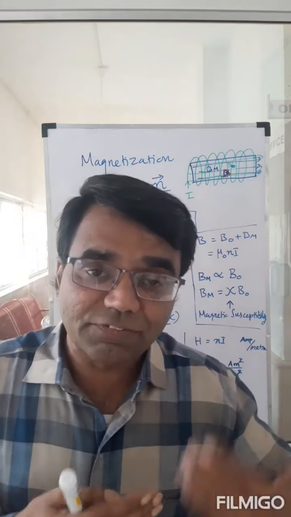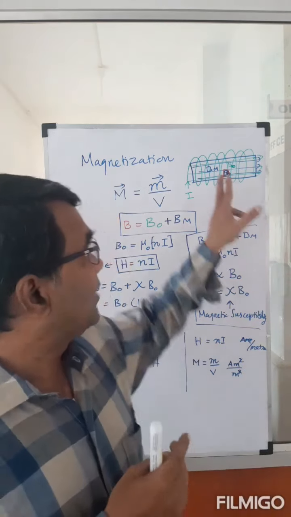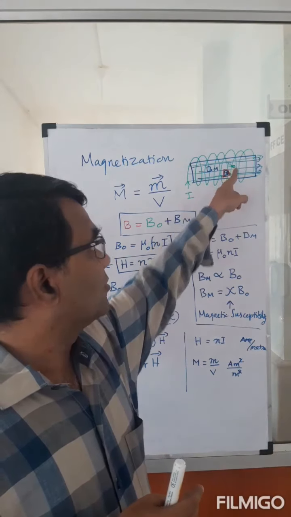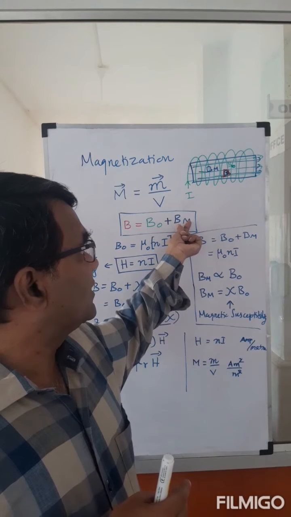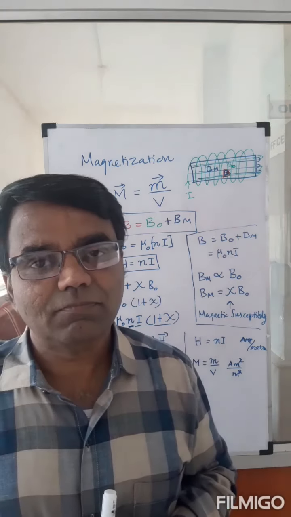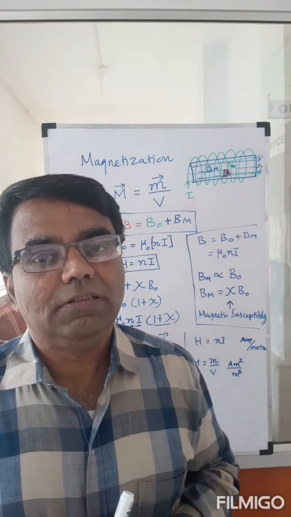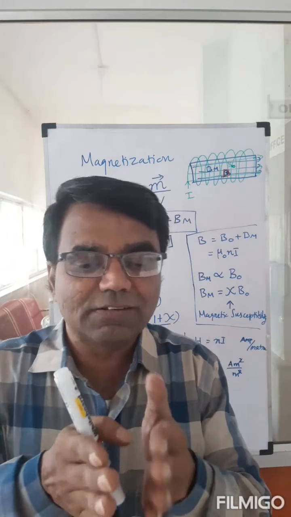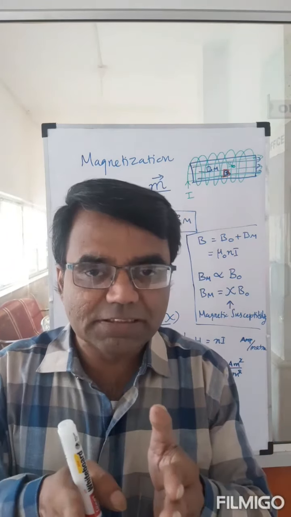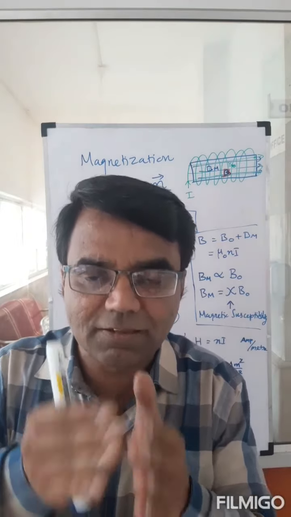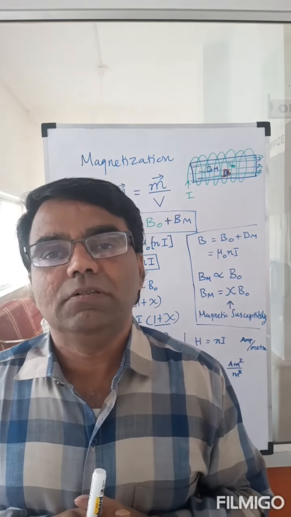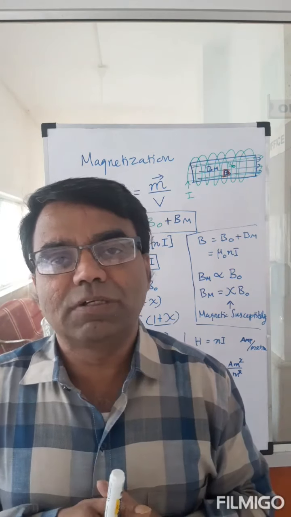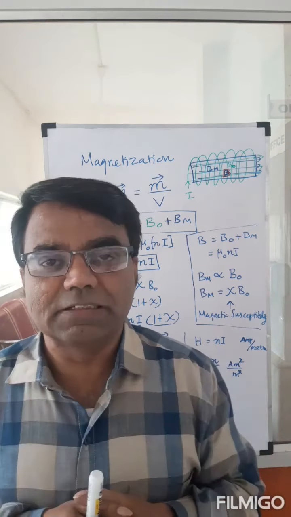So the net magnetic field in the case of the diamagnetic materials will be slightly less than B naught, because Bm will be acting in the opposite direction, but not by much. The diamagnetic materials will reduce it a little bit, not much. A very slight reduction in the applied field will happen in the case of diamagnetic materials.